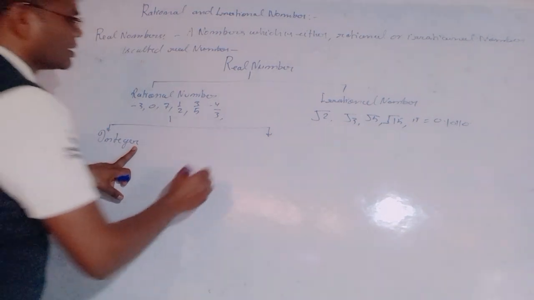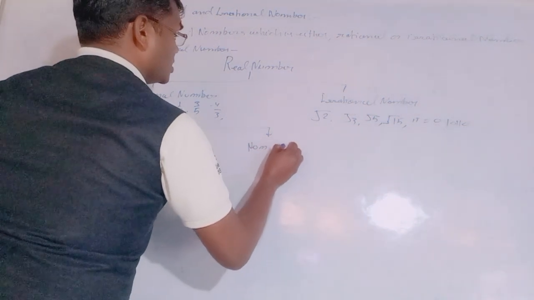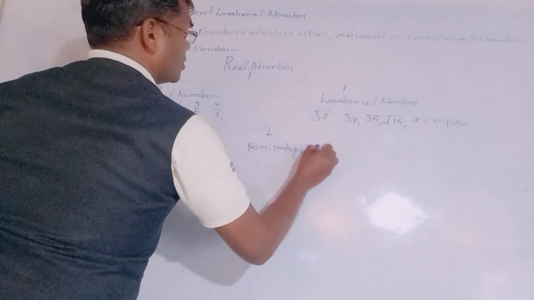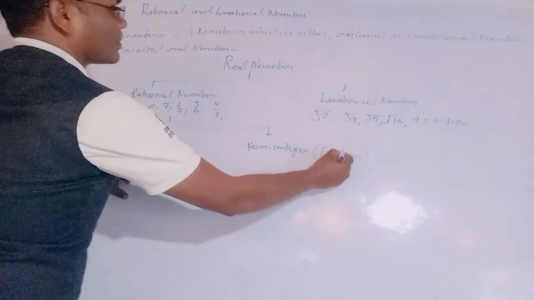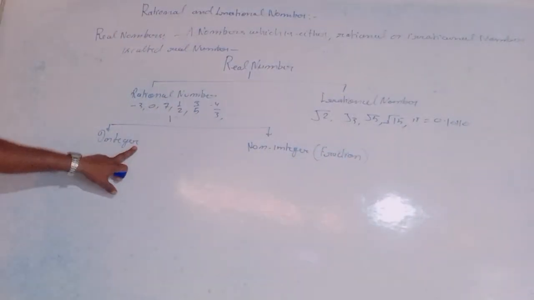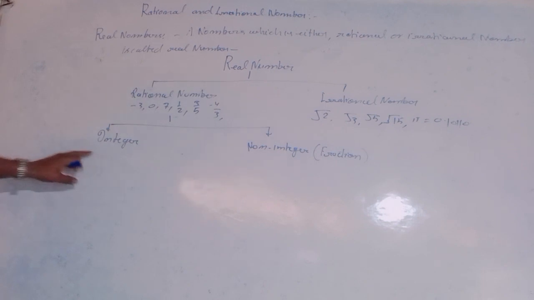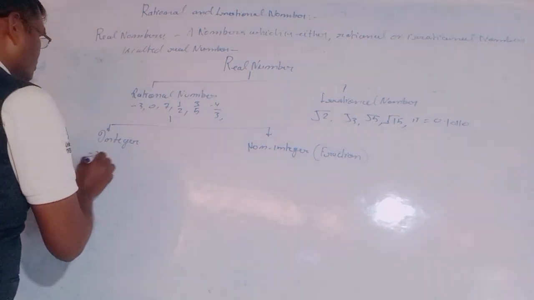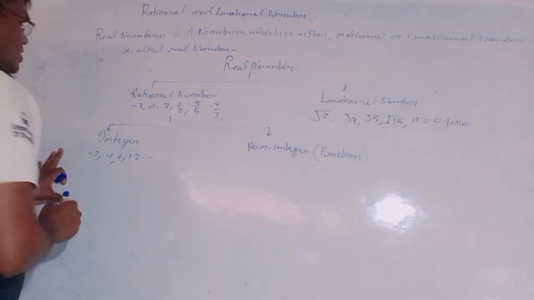Here the integers are minus 2, minus 1, 0, 1, 2.